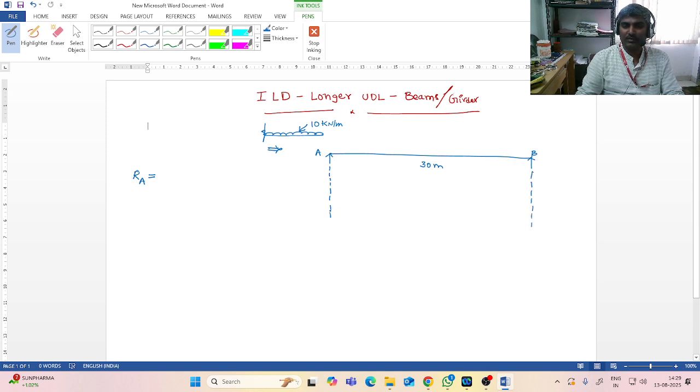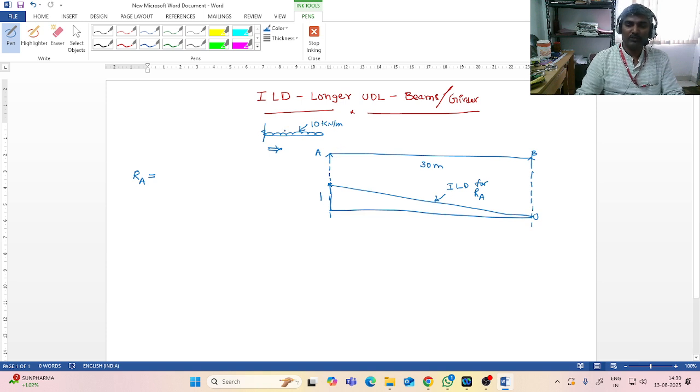So first I need to draw the ILD for reaction at A. So 1 unit at A, 0 at B. This is the influence line diagram for reaction at A when 1 unit load is passing on this span AB.